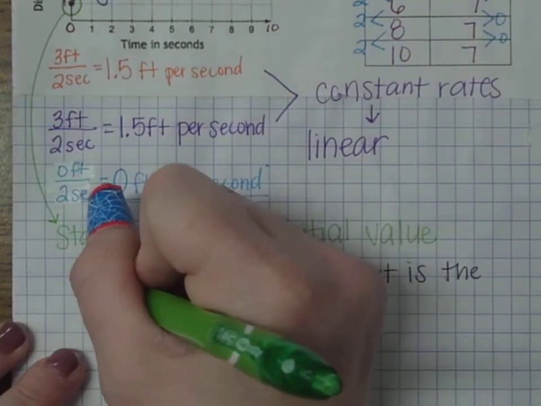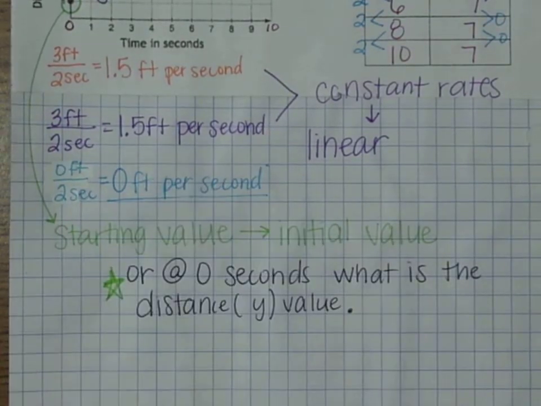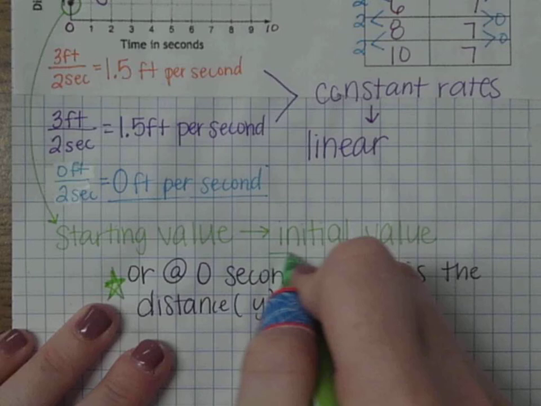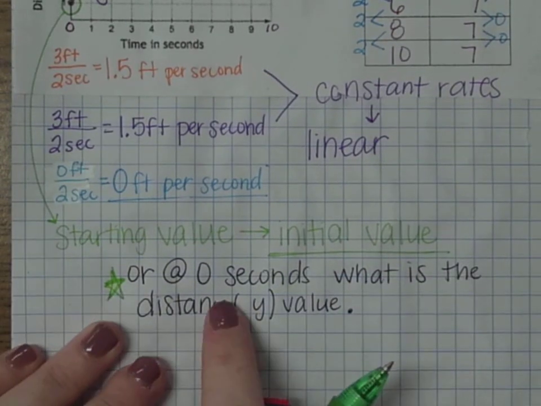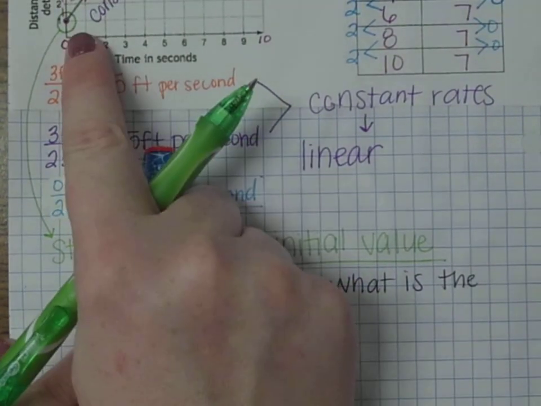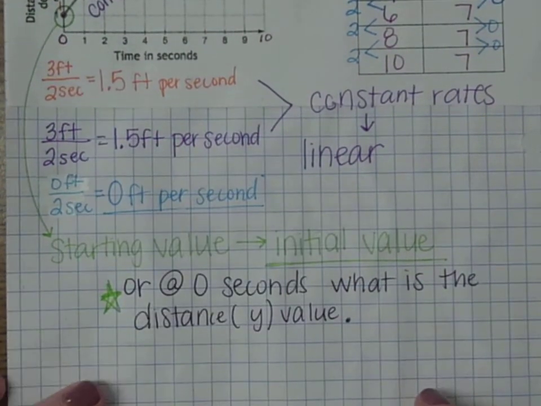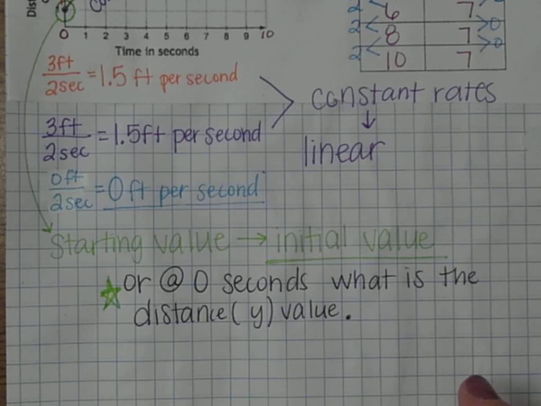So that's your vocabulary word. Initial value is telling you where it started. Initial is starting.